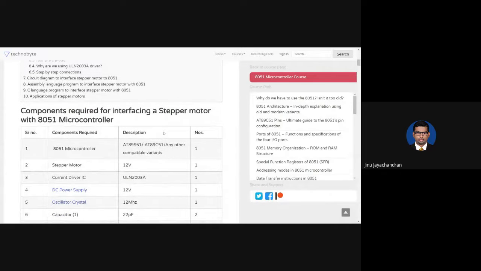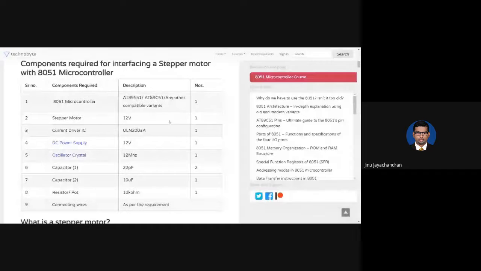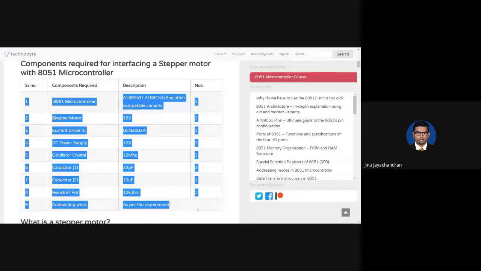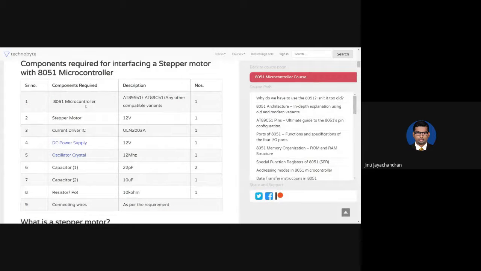So when you want to interface a stepper motor with 8051, you see the list of components required for stepper motor interfacing. Obviously you should have a microcontroller, which is AT89C51 or AT89C51, both Atmel 8051 based microcontrollers.